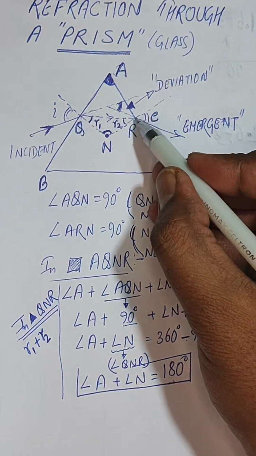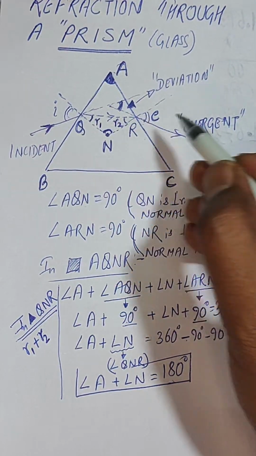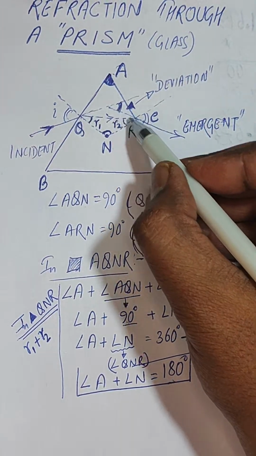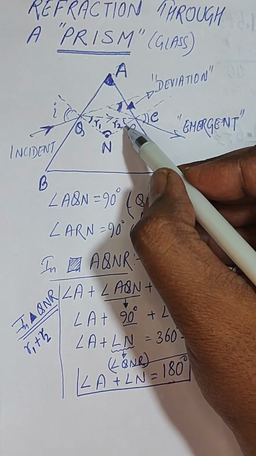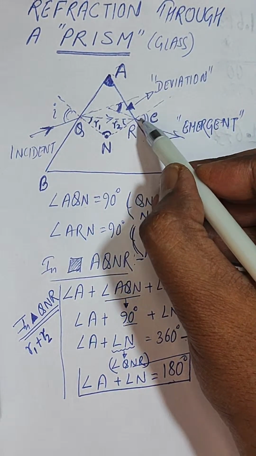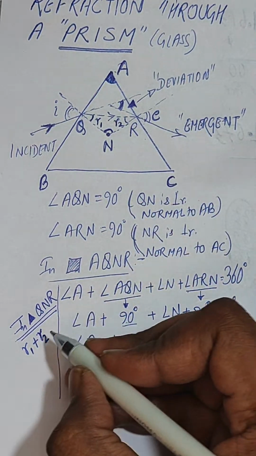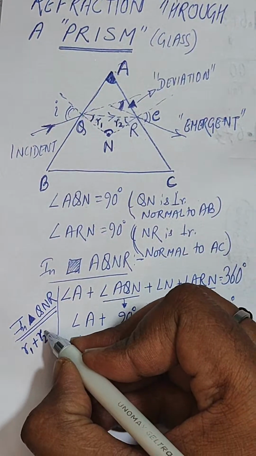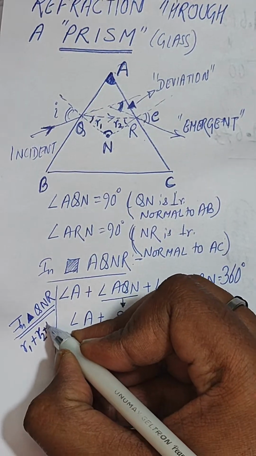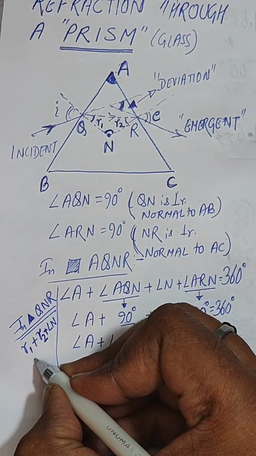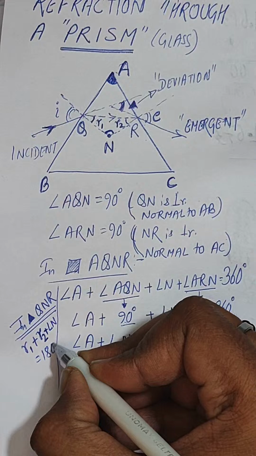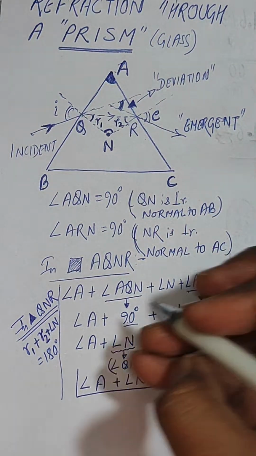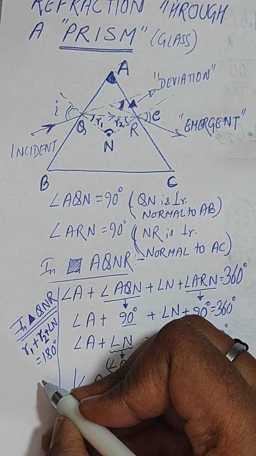Because this will be almost equal to E, not exactly, because these are not straight lines, and this line will go in over here. Anyway, R1 plus R2 plus this angle N is equal to 180 degree, isn't it? Because this is a triangle.